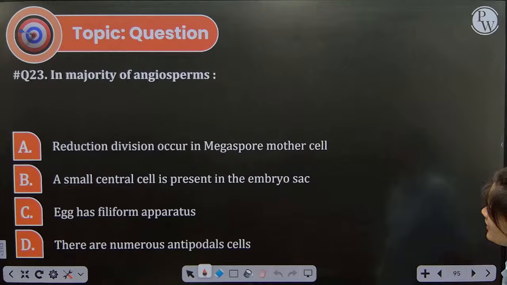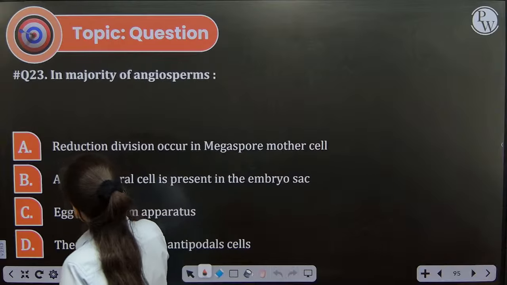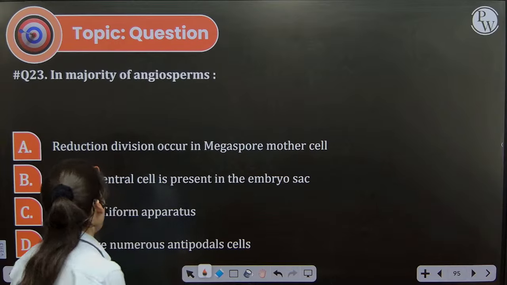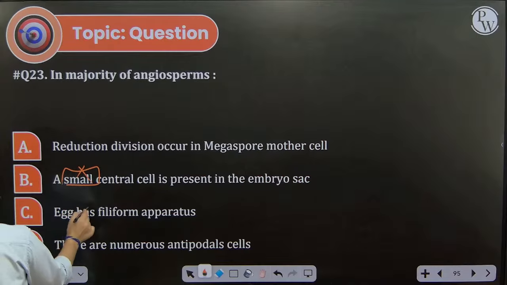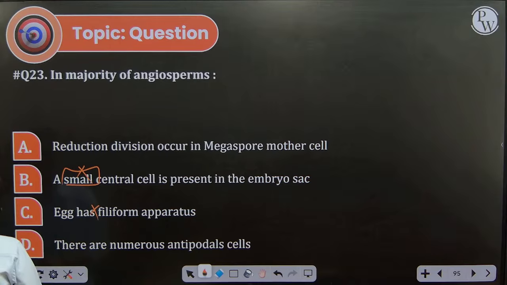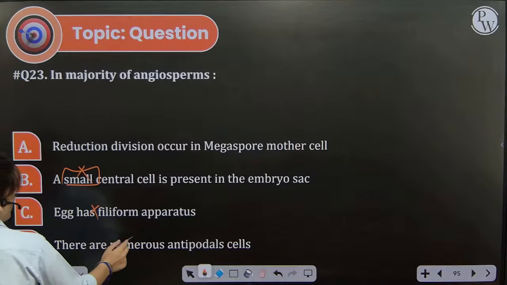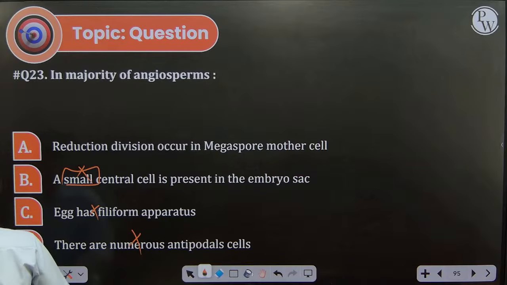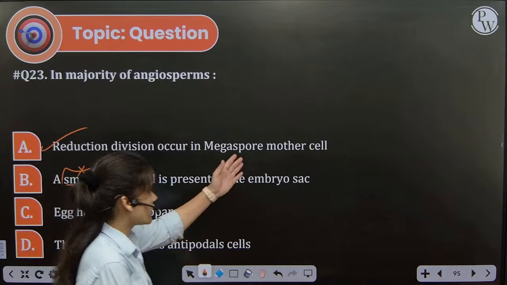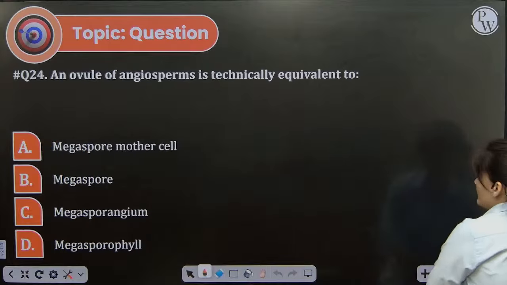A small central cell is present in the embryo sac. No, that cell is large. Egg has filiform apparatus. No, synergid has filiform apparatus. There are numerous antipodal cells. No, there are only three antipodal cells. So reduction division occurs in the megaspore mother cell.